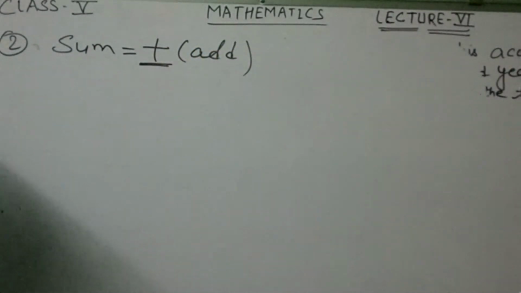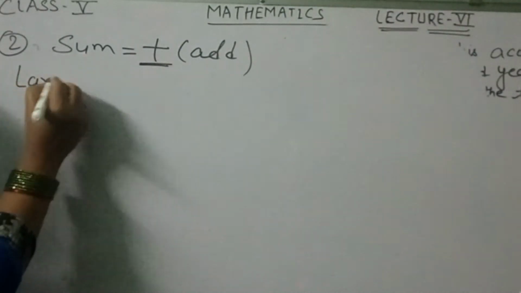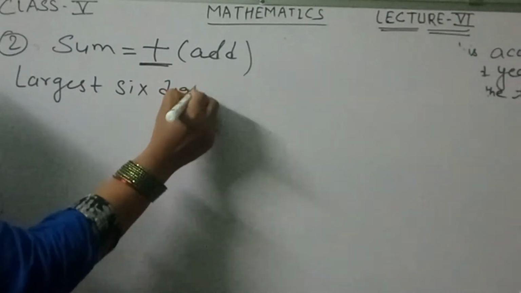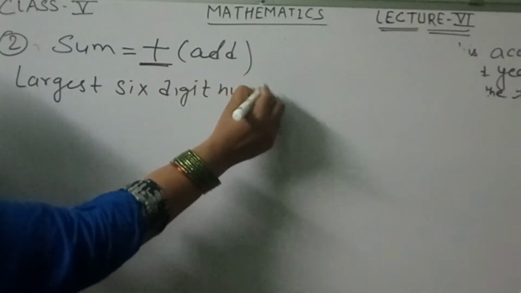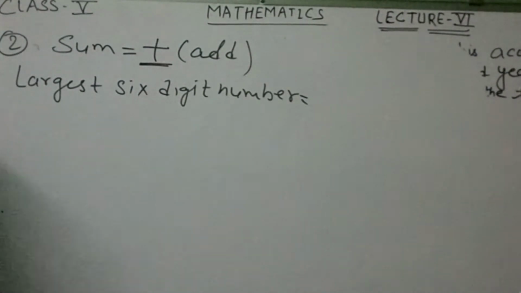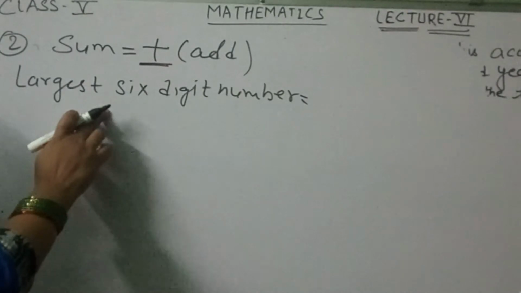And the sum of the largest 6-digit number. Just read it. What is the largest 6-digit number? Largest, always remember, we have to start with 9. How many digits here? 6 digits.